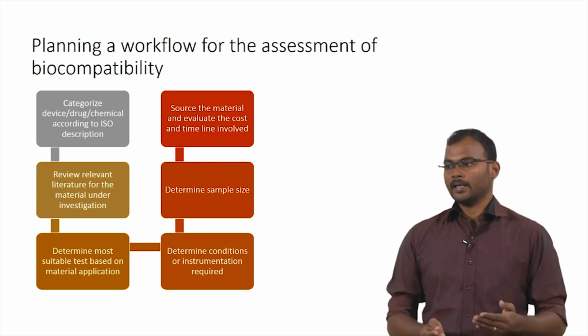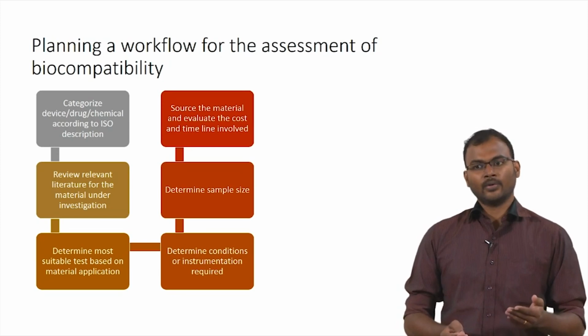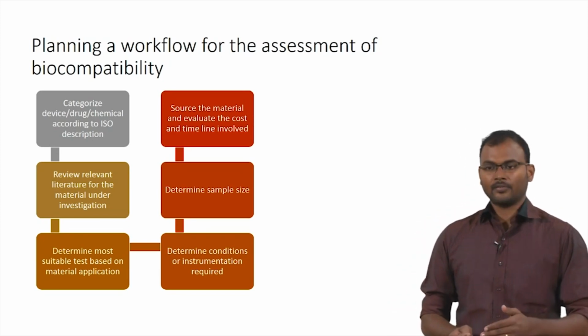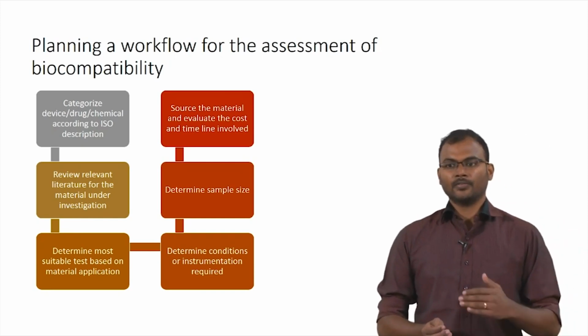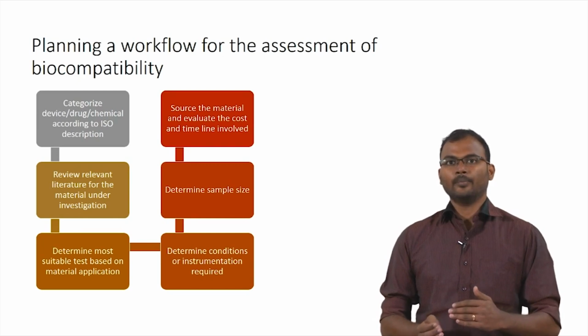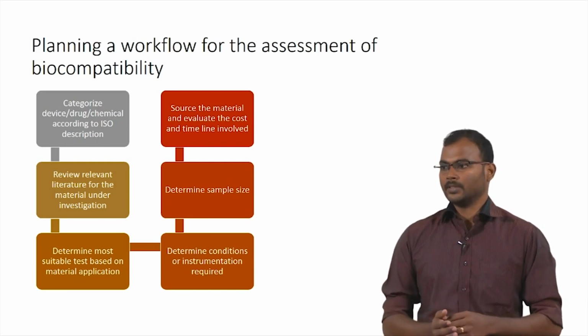If you are taking a capsule or drug, it depends on how much body weight you have. So sample size is important for materials also. If your material is toxic and you have a bigger sample, you will not use that big a sample in application, so you have to reduce the sample size.